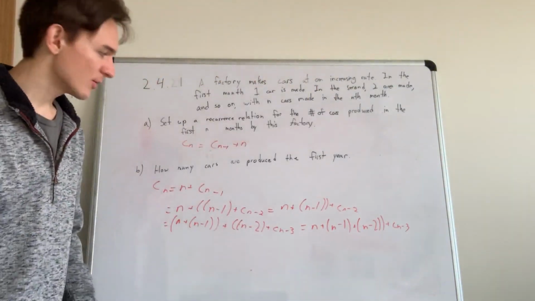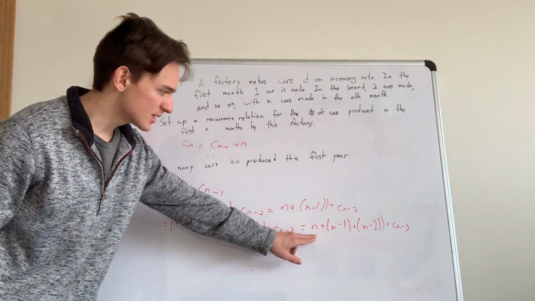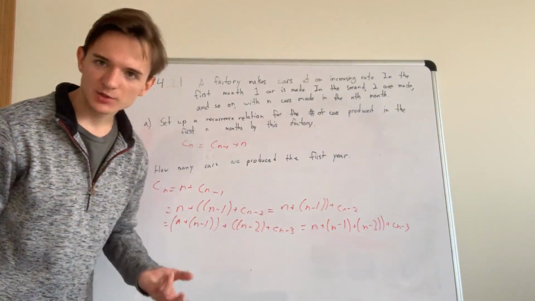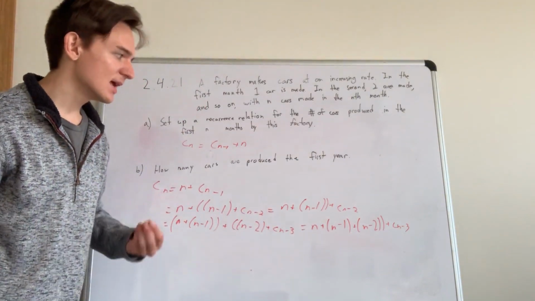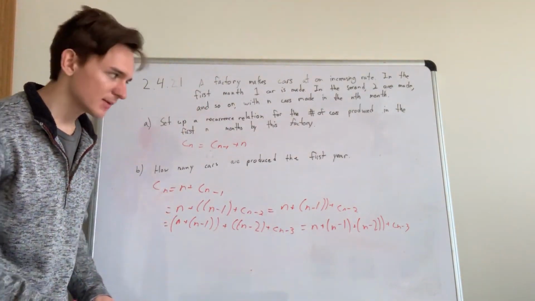Again we see a pattern emerging. We have a summation sequence here, n plus n minus 1 plus n minus 2. We can assume this pattern continues up to and including n minus 1.